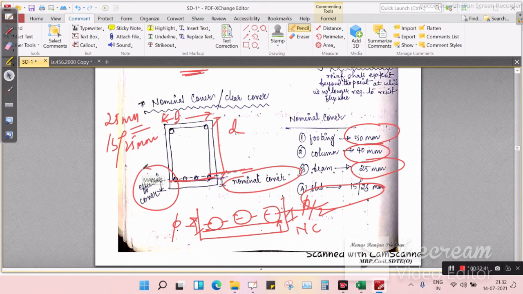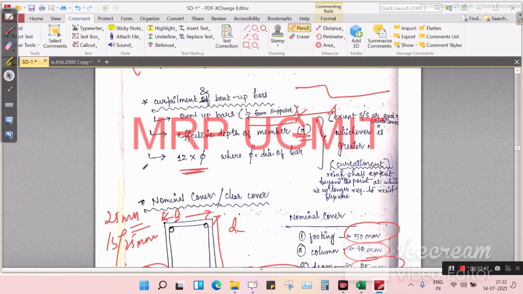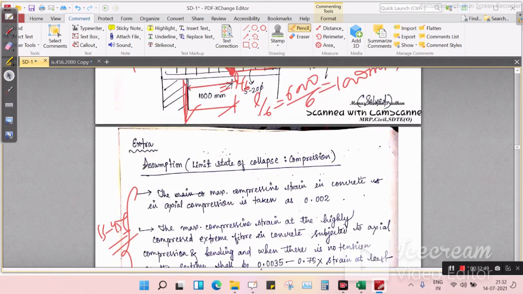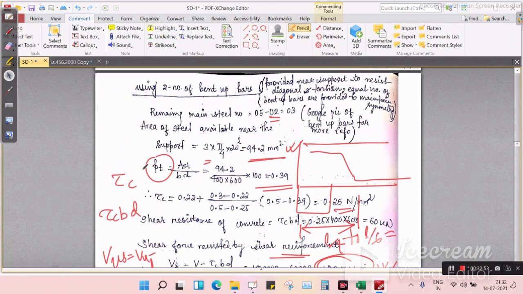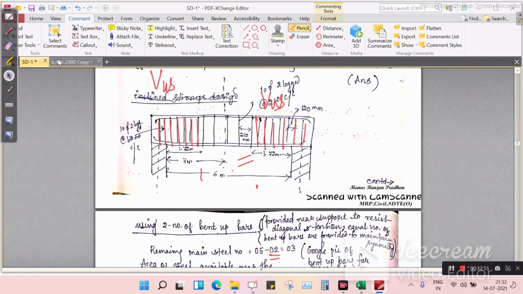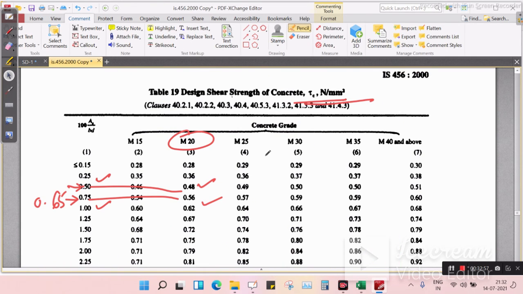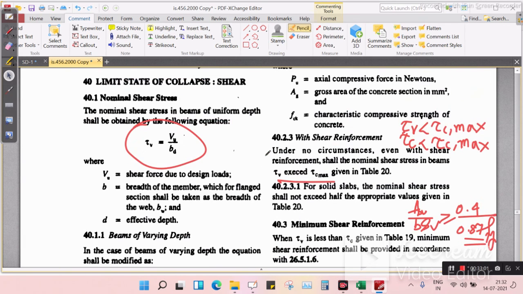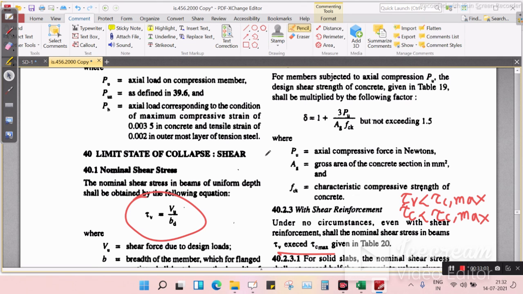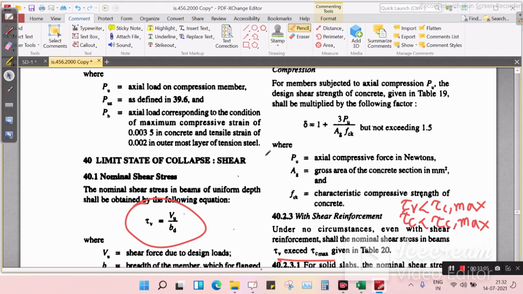Okay, with this we completed our shear design portion. Every formulation is given in the IS code, you can follow it. The formulations are given in limit state of collapse for shear, clause number 40.